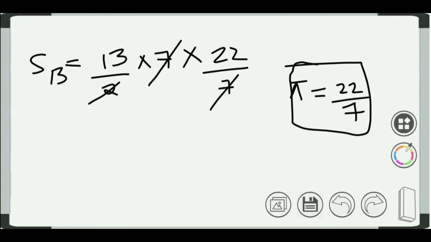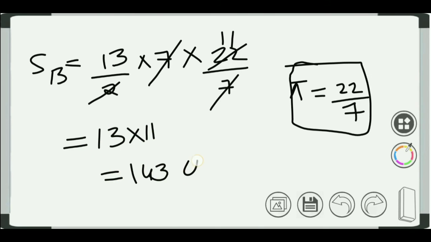What is remaining? 2 and 22, 2 11s are 22. So finally you'll get 13 into 11, which is equal to 143 centimeter. This is the answer. So you can conclude the answer. Therefore, the total length of 13 consecutive semicircles, S13, is equal to 143 centimeter.